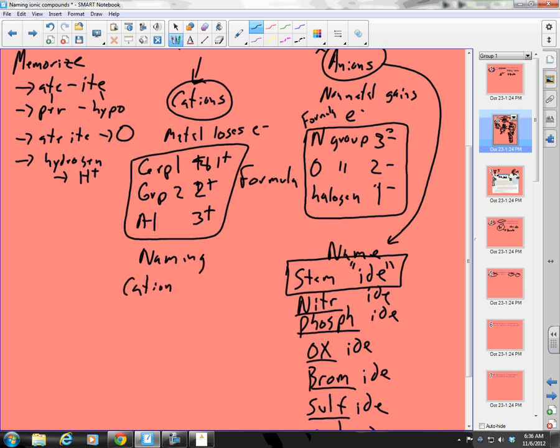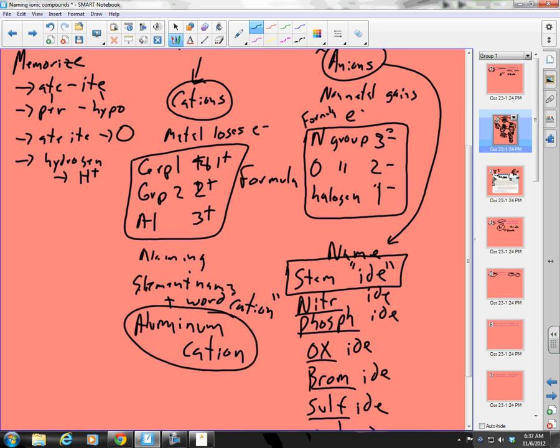Cation name: element name plus the word cation. So for instance, aluminum would be aluminum cation. Don't I add a suffix? No. Don't I add a prefix? No. I just write the word aluminum and write the word cation, and that is it.